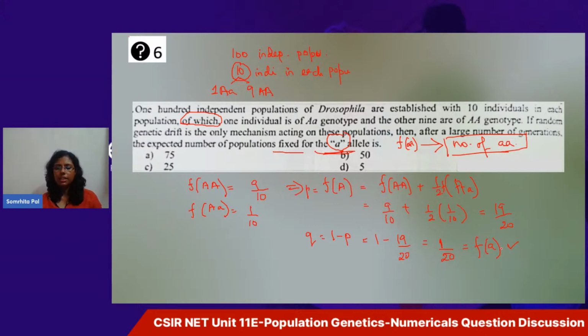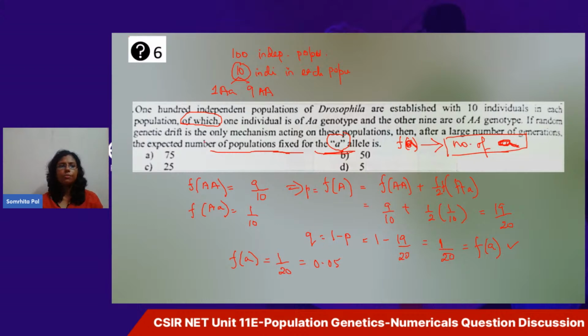Now, when I have found the frequency of my recessive allele, they are saying the number of populations fixed for allele A. So this will not be capital A, this will be small a. In that case, my frequency of small a equals 1 by 20, which equals 0.05.